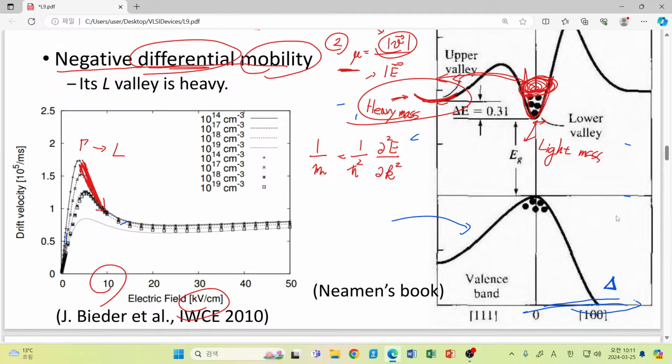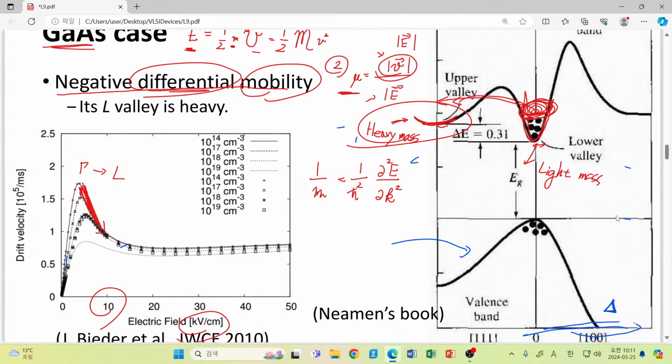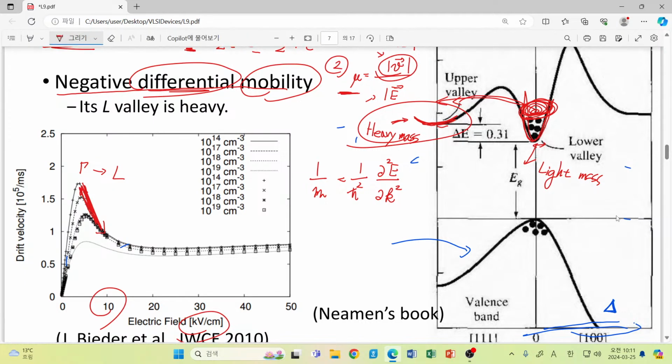But unfortunately, the energetic distance is just 0.3 electron volt, quite accessible to our accelerated electrons, and this is called negative differential mobility, sometimes shortened as NDR. What's R? R is resistance.